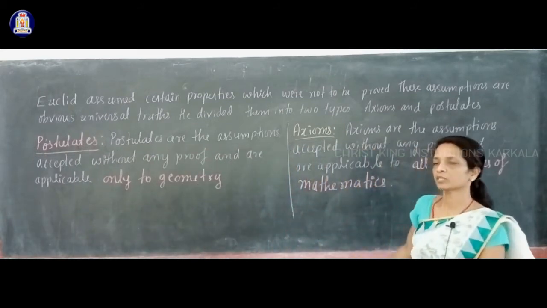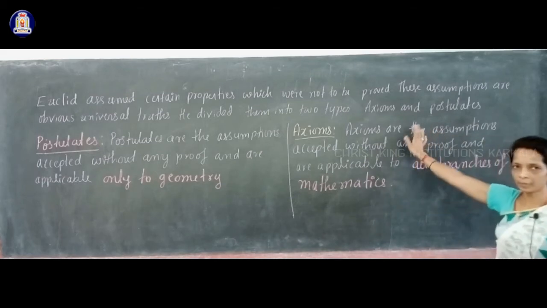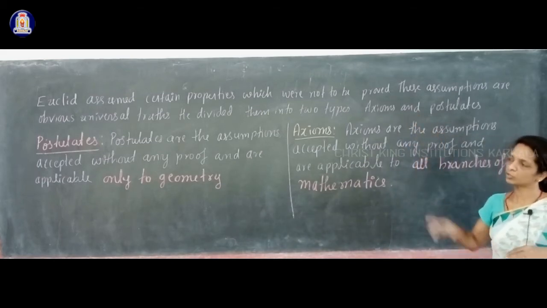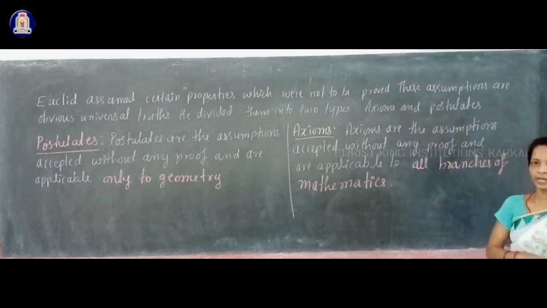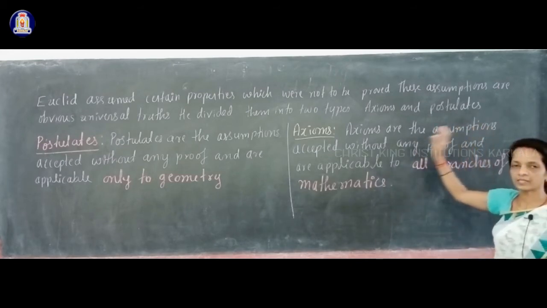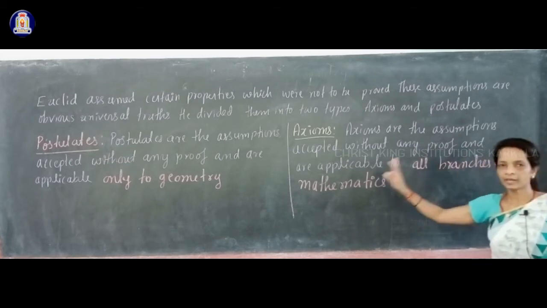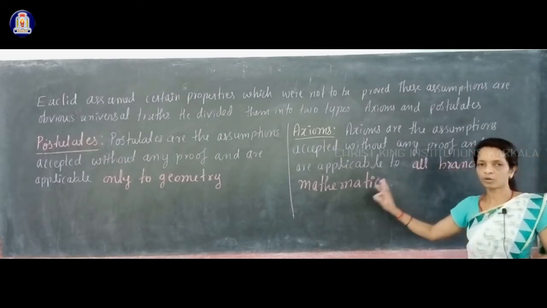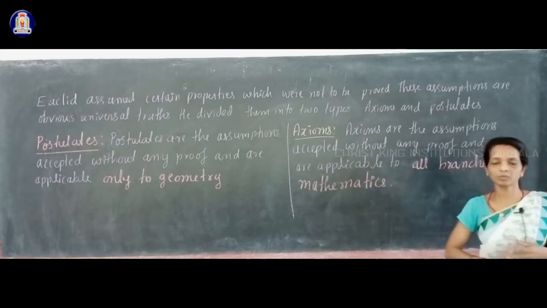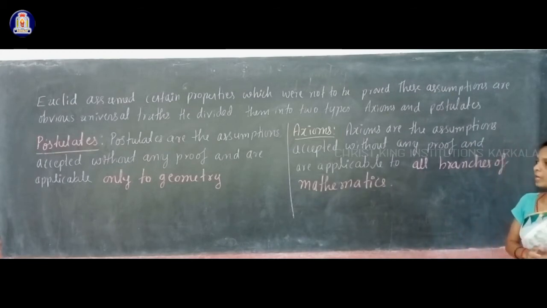Okay, and axioms are what? Axioms are also properties which were assumed by Euclid, that are assumptions accepted without any proof, without any question, and that are applicable to all branches of mathematics. So what is the difference between postulates and axioms?